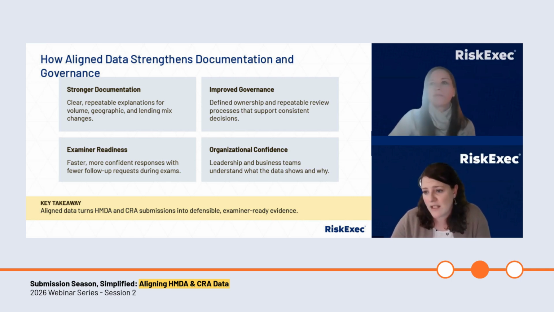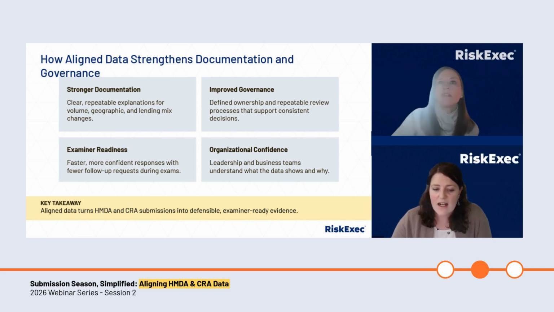Now, that naturally will lead into governance. Ownership and review points will become much clearer with that documentation in place. Teams will know who is responsible for the data, when is the data reviewed, and on what cadence, and how are those decisions being documented.